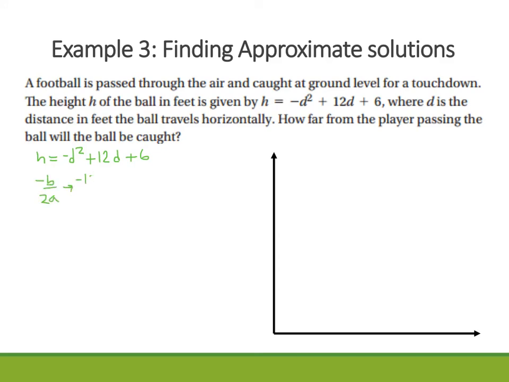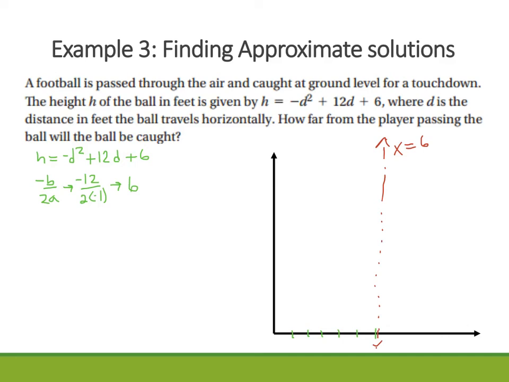So that's negative 12 over 2 times negative 1, and that's 6. Okay, so our vertex is found at 6. So 1, 2, 3, 4, 5, 6. So that's where the axis of symmetry is going to be. So I'm going to go ahead and draw in my axis of symmetry right here at x equals 6. And the vertex is going to lie along that line.